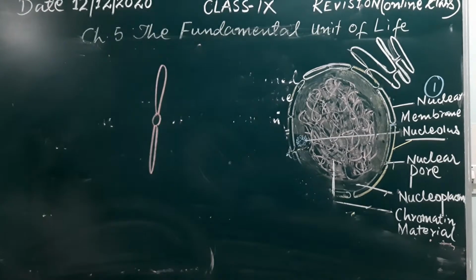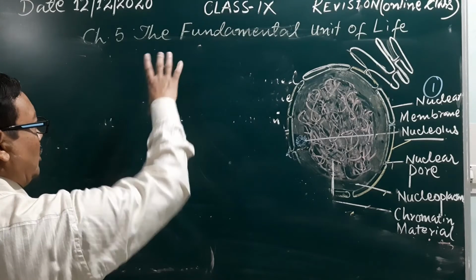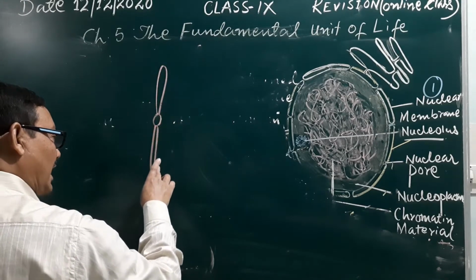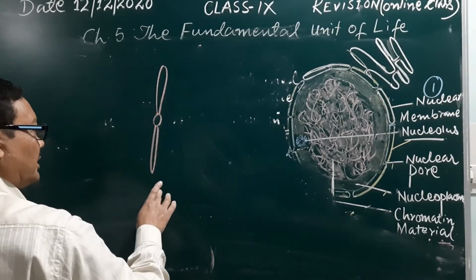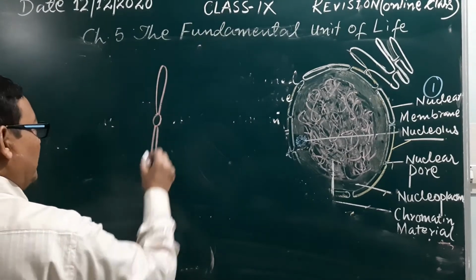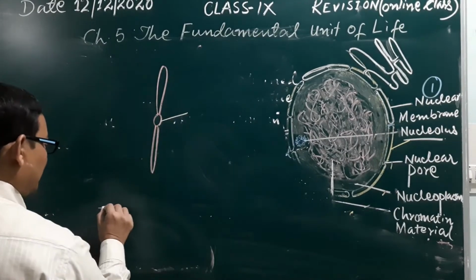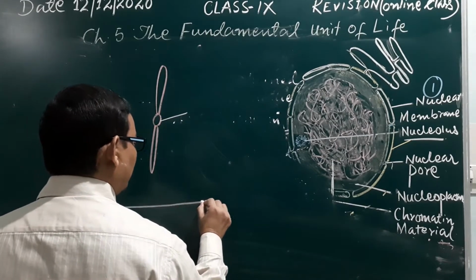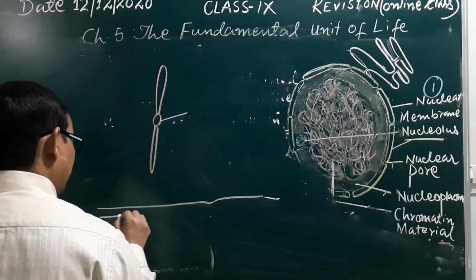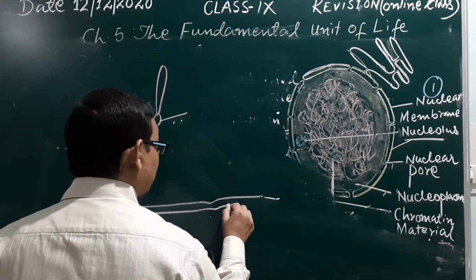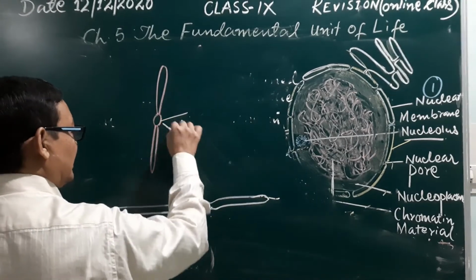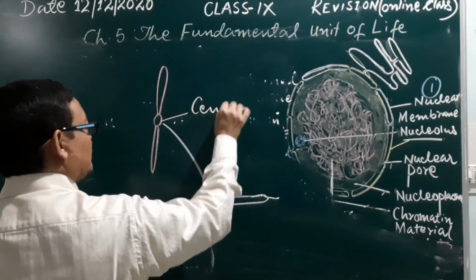Here is the chromosome. This chromosome is a rod-like, thread-like structure which may be constricted at specific places. This constriction is the centromere.